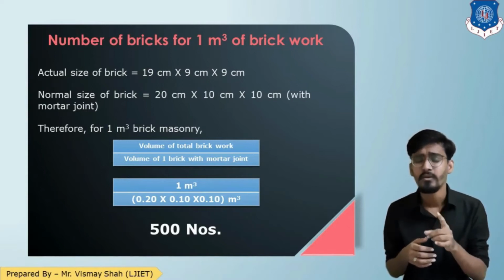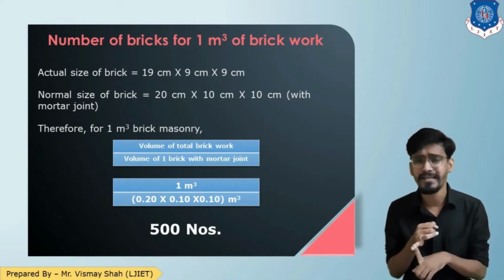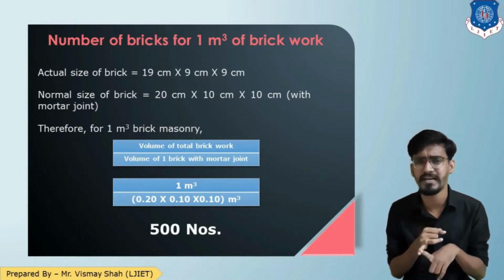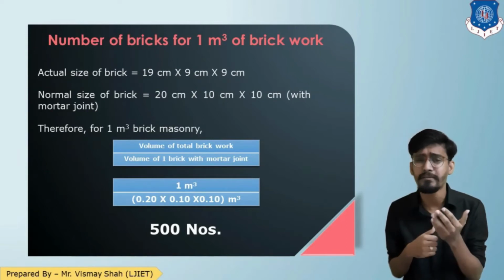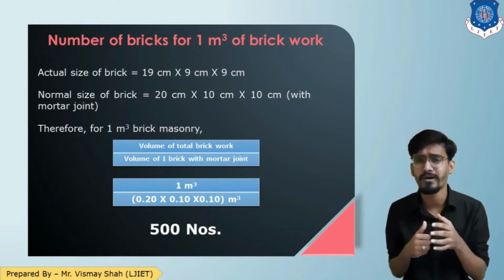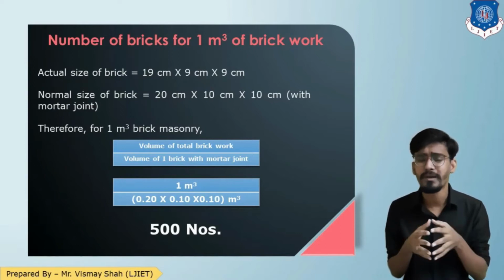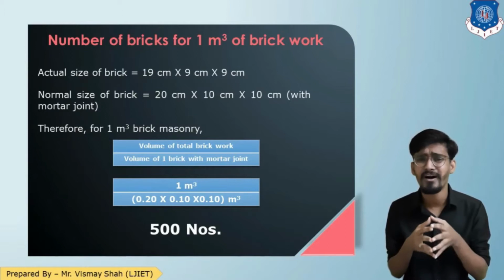Now we have to consider the size with mortar joint, that means 20 centimeter cross 10 centimeter cross 10 centimeter. But the original volume is in meter cube and the brick size is in centimeter, so we need to convert them into meter. So 0.2 cross 0.1 cross 0.1. We get the answer: for 1 cubic meter of brickwork, we require 500 bricks.